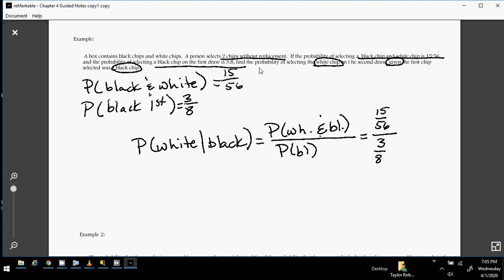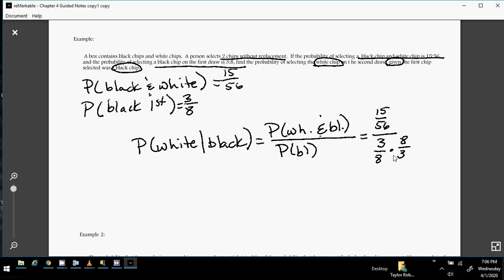Now we can do this on our calculator if you have one. If not, then there's some algebra that you can do to get rid of these 2 different fractions, because we don't really like fractions. We don't want them on top of each other for sure. So we can multiply by the reciprocal, which is just flip the fraction over. Y'all learned this in like Algebra 1, flip the baby, change the baby, keep the baby, something like that.